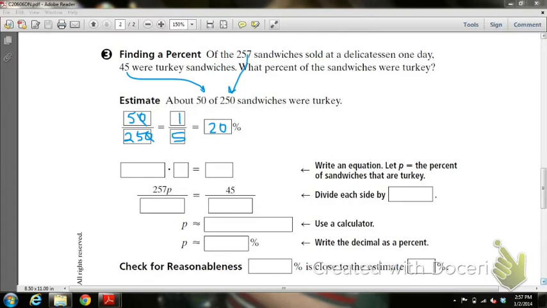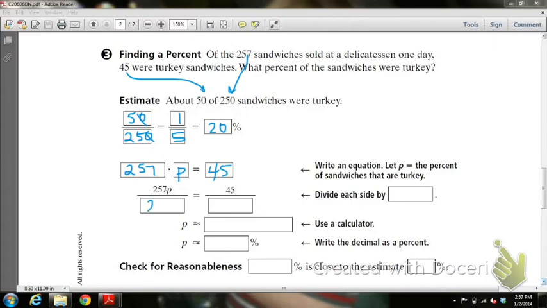So now, of the 257 sandwiches, 45 were turkey. So what percent? So 257 times what percent is going to give me 45. So that's just 257p.